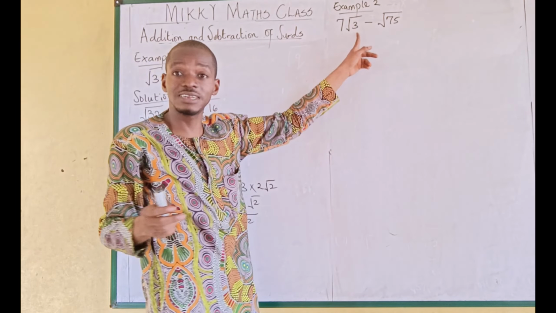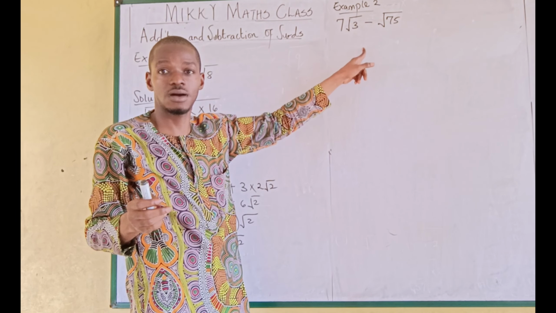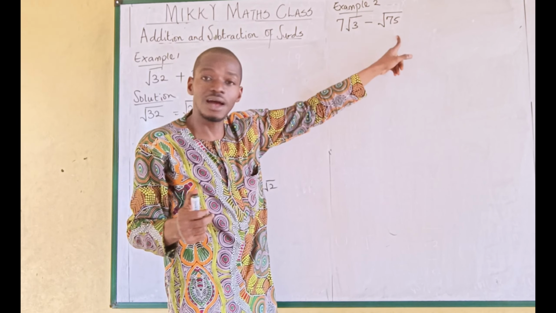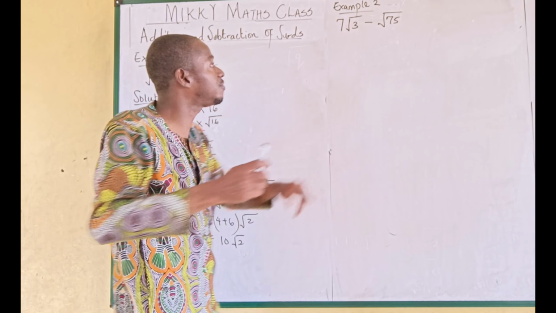This one, 7 root 3, is already a surd in its simplest form, or its basic form. So let's break down root 75.